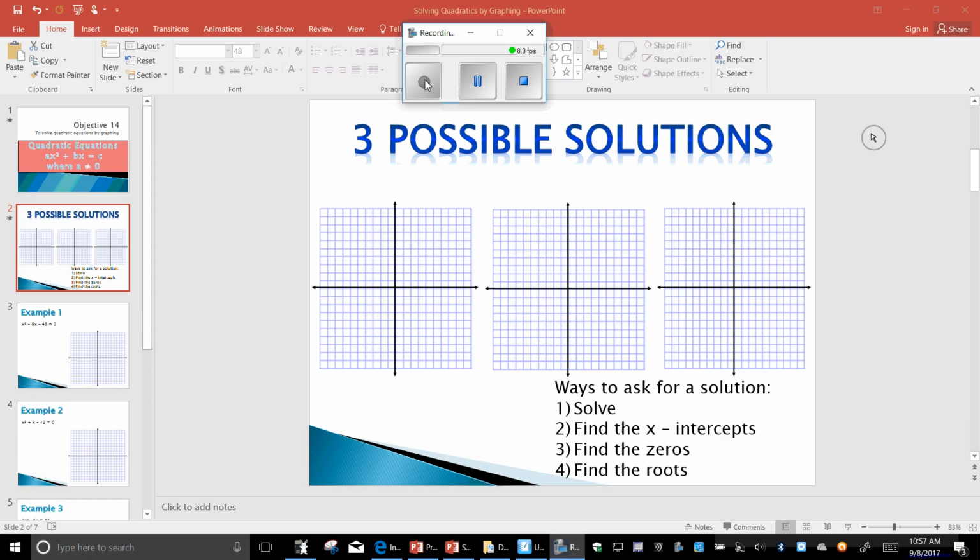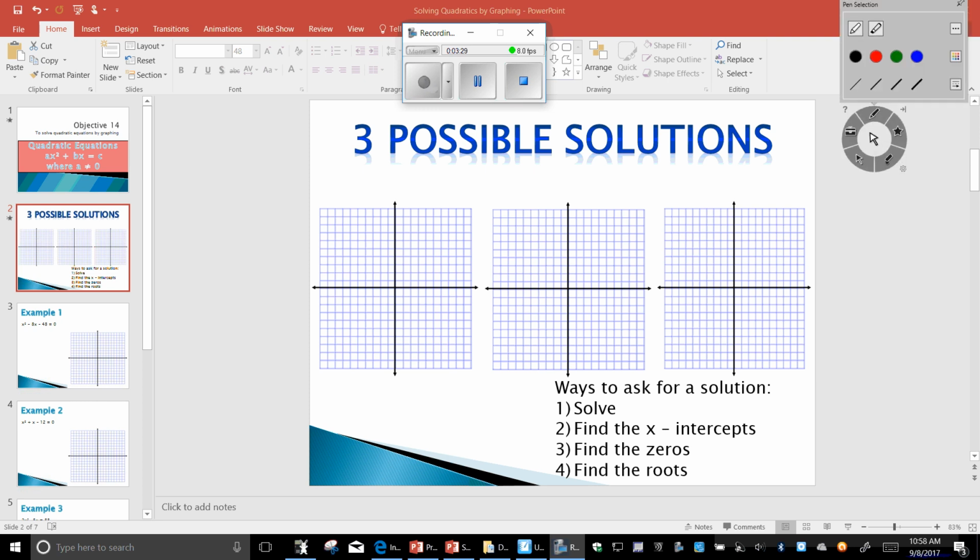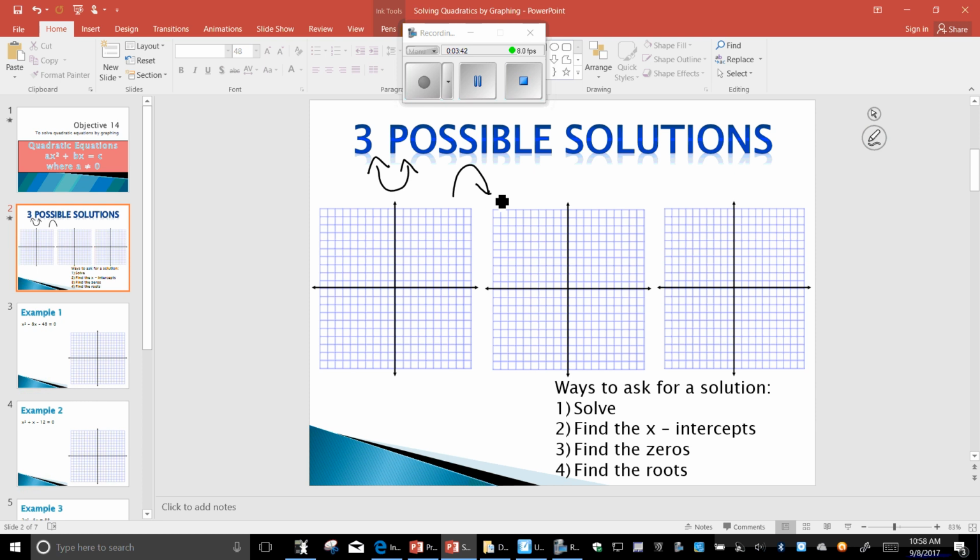Okay? So I'm going to take this out of presentation mode, and I'm going to open up my calculator. All right, so I want to talk about the first 3 possible solutions. When you graph a quadratic equation in your calculator, or by hand, either way, it's going to look like a U or an N. And we call this a parabola.